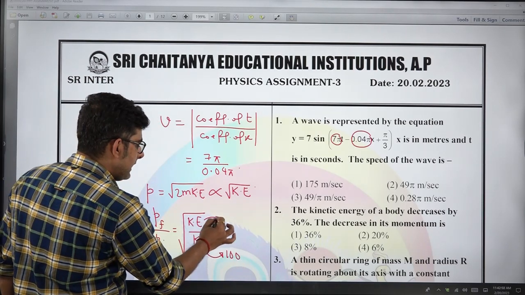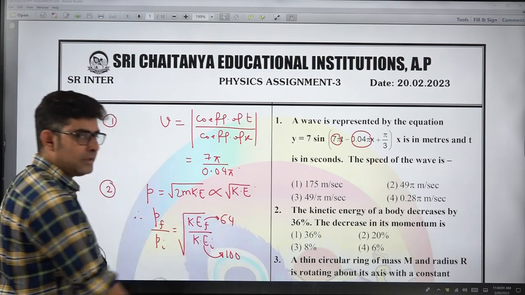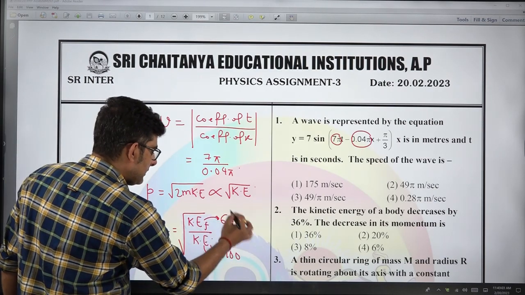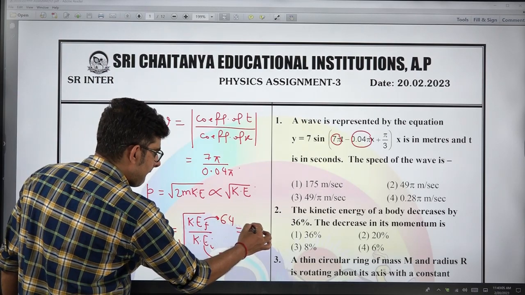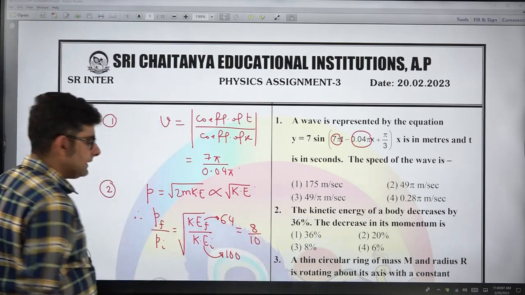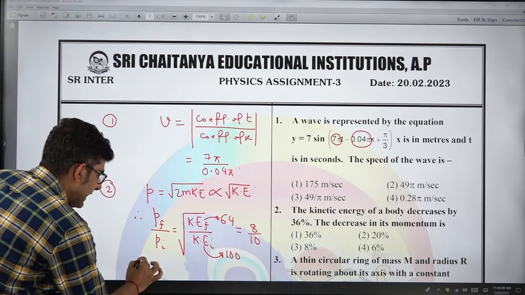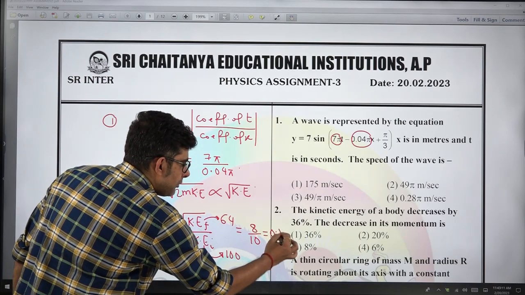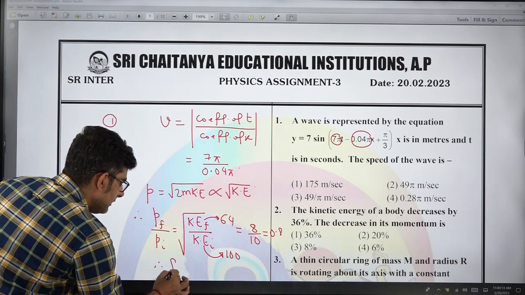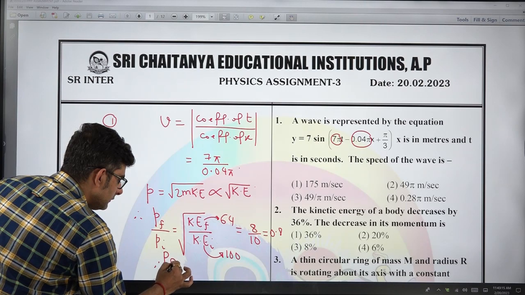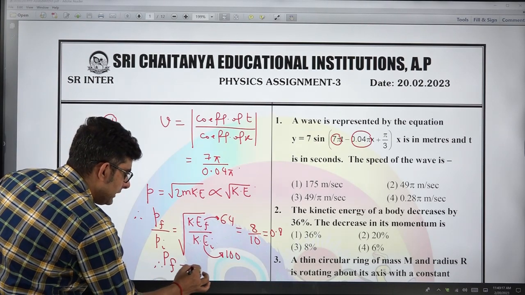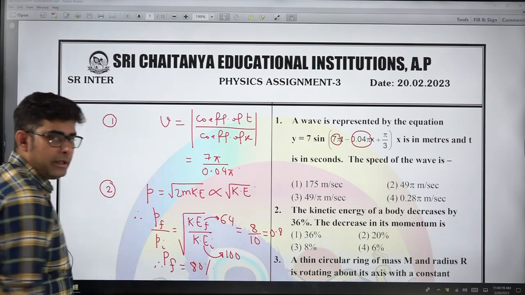So the final kinetic energy will become how much? 64. So this one will become 64 by 100, root means how much? 8 by 10. So this means 8 by 10 means how much? 0.8. So that means P final is how much? 0.8 means how much? 80%.